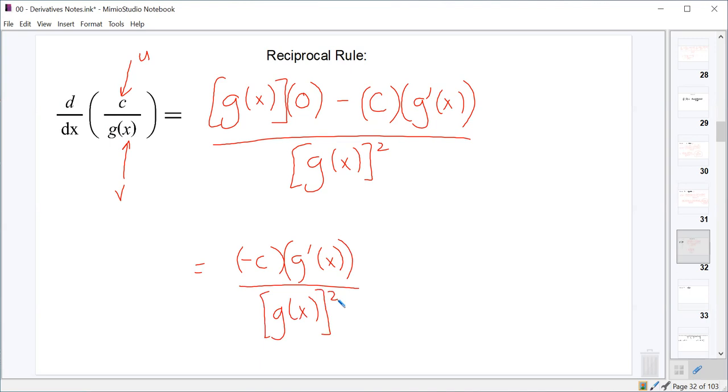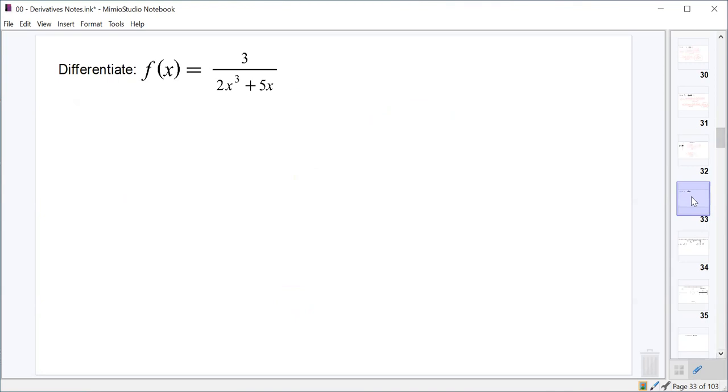And of course, you can always apply the quotient rule if you don't want to memorize the reciprocal rule, but it's just negative g prime over g squared and then times that constant that was up in the beginning. So it's a convenient rule just to know as you move through our derivatives. So we could use that rule here with f of x equals 3 over 2x cubed plus 5x.